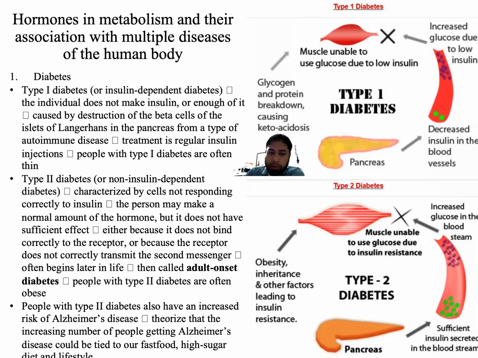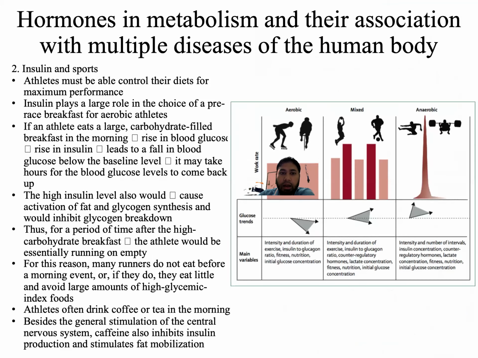At the same time, people with type 2 diabetes also have an increased risk of Alzheimer's. People theorize that the increasing number of people getting Alzheimer's disease could be tied to our fast food, high sugar diet and lifestyle. So this is all the binge, not so good lifestyle. We are not promoting this in our life.